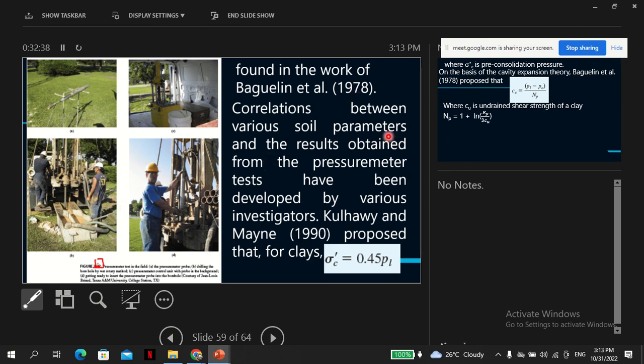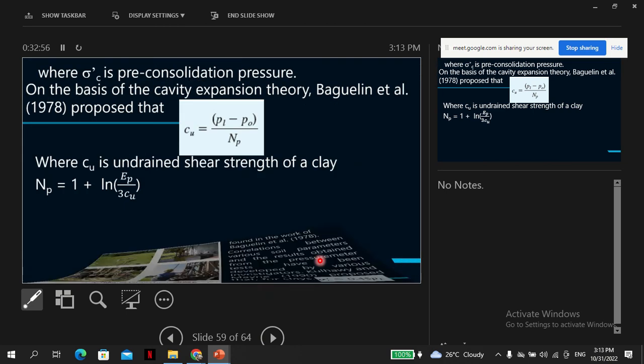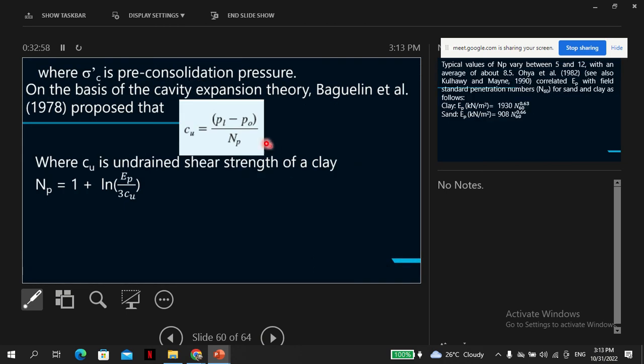So correlation between various soil parameters and the results obtained from pressuremeter tests have been developed by various researchers, as you can see. So the limit pressure has been correlated also to the overburden pressure, as you can see. No, sorry, not overburden, but the pre-consolidation pressure.